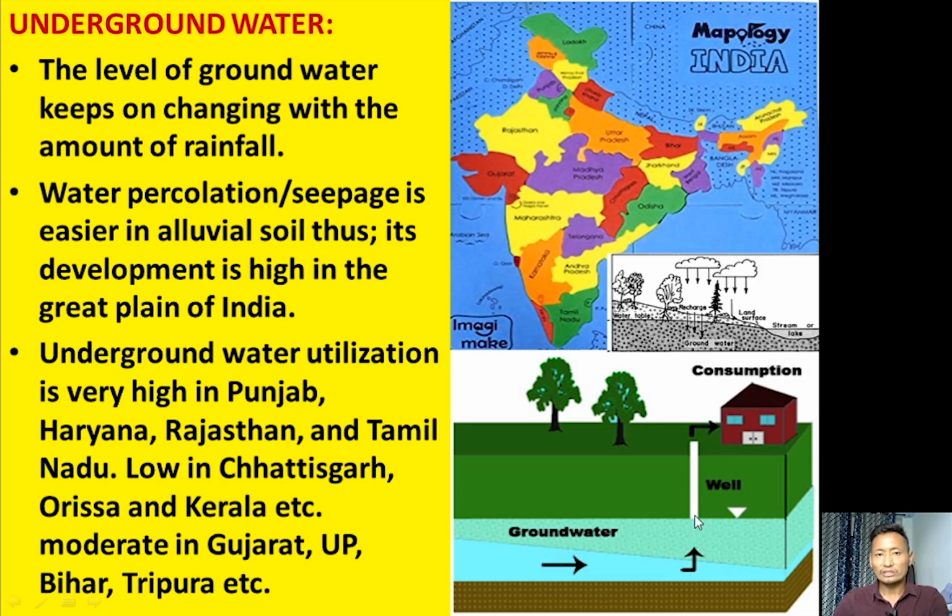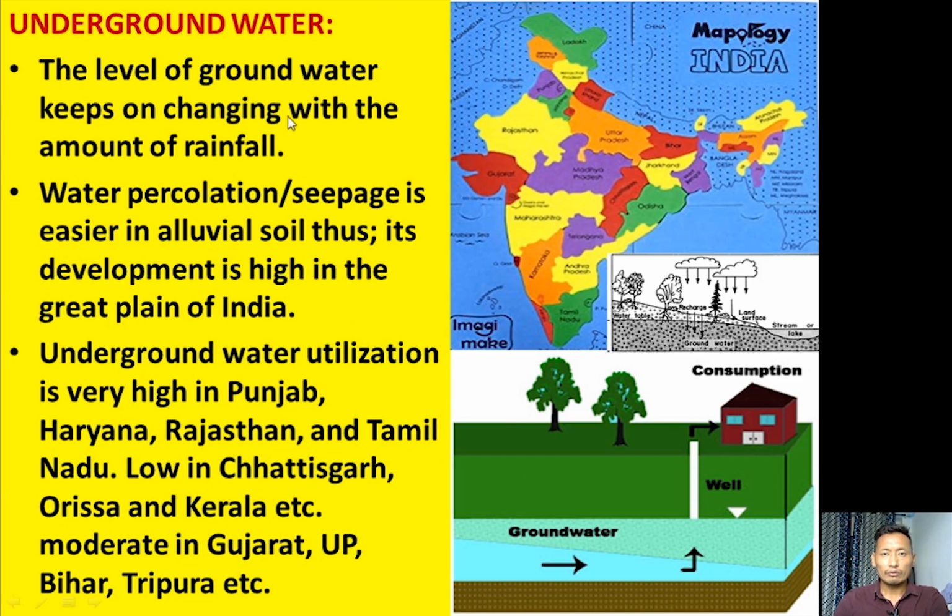Again, this groundwater is fresh water, so we are using it for different purposes. For example, 99% of our school's water comes from underground. We use this underground water for different purposes in our day-to-day life.